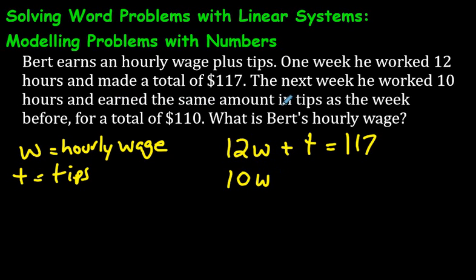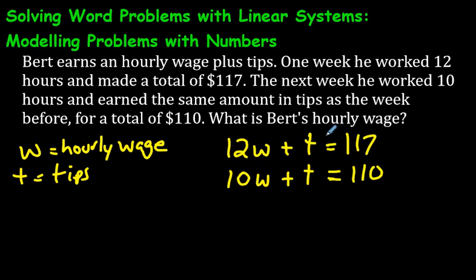And he earned the same amount in tips. Thank goodness, because we can just put the T there again. This is the same number. And that time, he made $110. He had worked 10 hours.